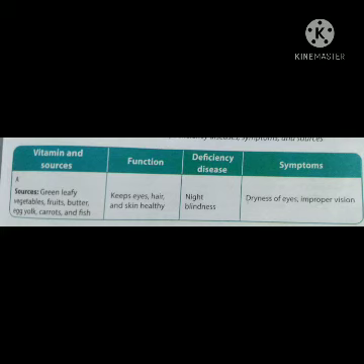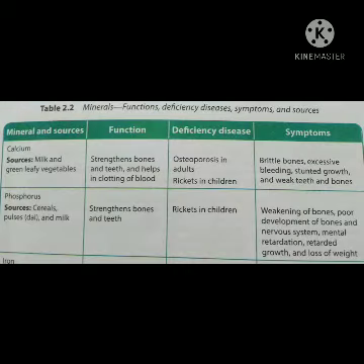It is caused due to the lack of the green leafy vegetables, fruits, egg yolk, and fish in the diet. Deficiency disease osteoporosis in adults and rickets in children is due to the deficiency of the minerals calcium and phosphorus in the diet. It is caused due to the lack of the milk, green leafy vegetables, cereals, pulses in the diet.